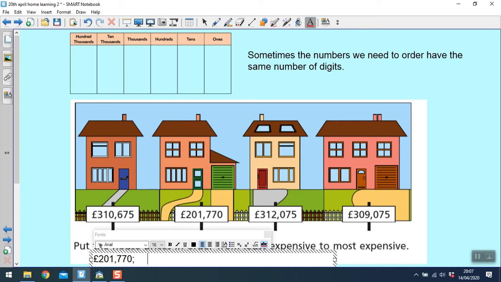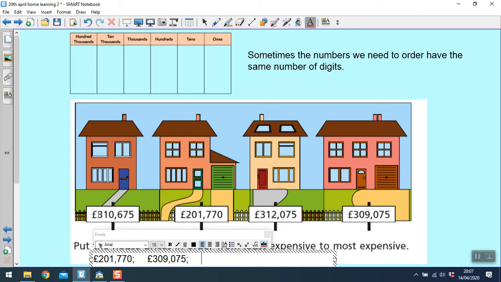Okay, now I need to compare the remaining 3. The 3 left have got 3 hundreds of thousands, so I'm going to move on to the tens of thousands digit. That's got 1 ten of thousands, this has got 1 ten of thousands, but this hasn't got any, so that's the smaller one. 309,075 is next. I'm then left with 2 numbers.